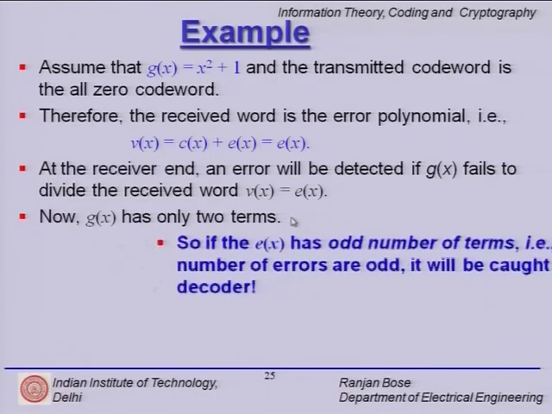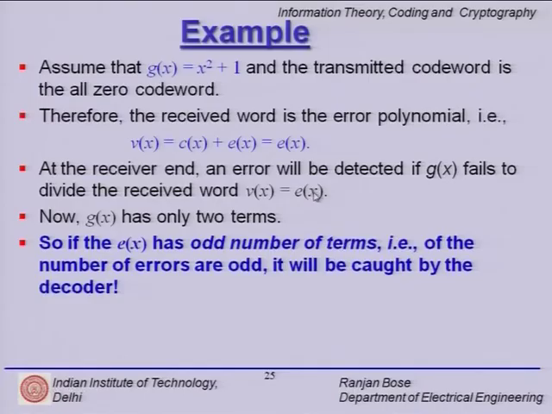Or if we look at E of x carefully, if it has an odd number of terms, then no matter what you do, division by g of x, which has only 2 terms, will leave behind 1 term. It is just basic division. In order to cancel out all the terms of E of x, we should have an even number, because each time I divide by g of x, I cancel out 2 of them.